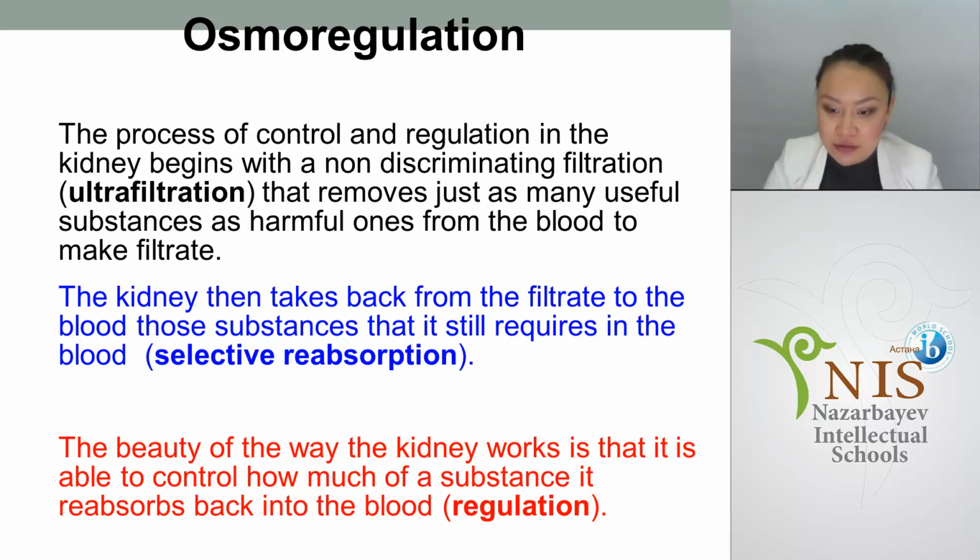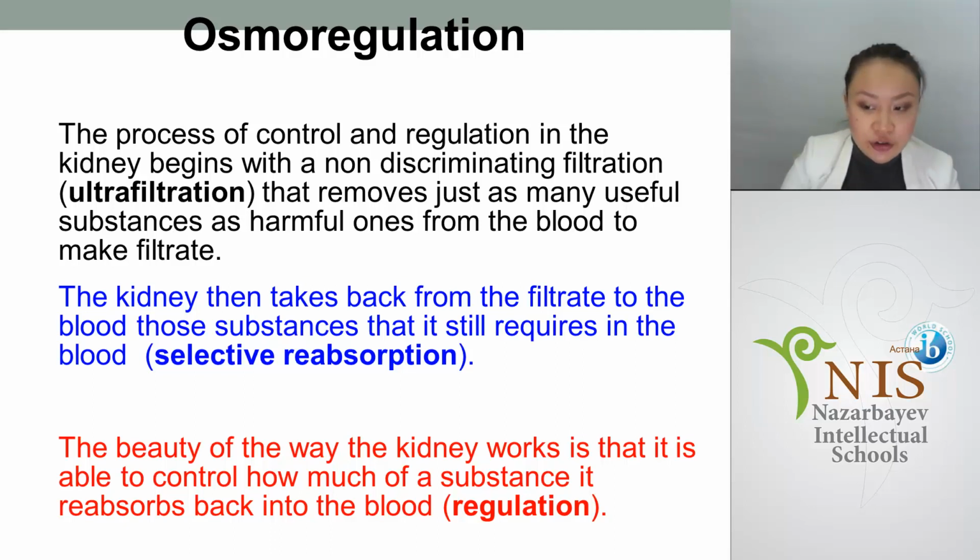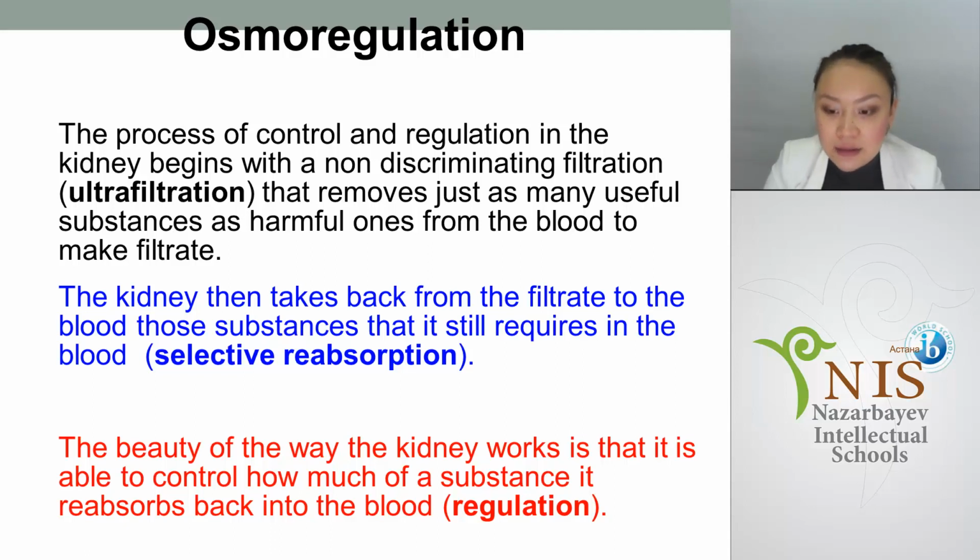The kidney then takes back from the filtrate to the blood those substances that it still needs in the blood. The beauty of the way the kidney works is that it's able to control how much of a substance it reabsorbs back into the blood. This is what we call regulation.